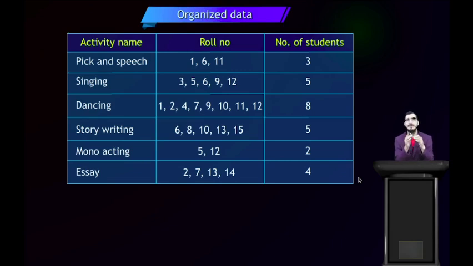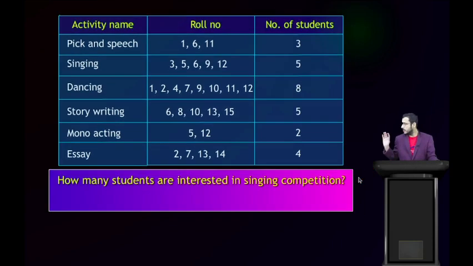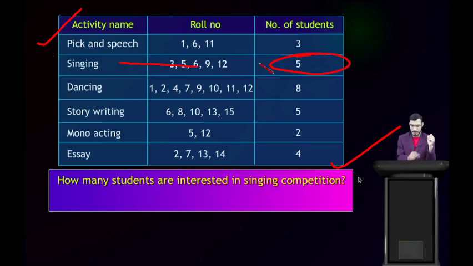Now students, that is organized data. How many students are interested in the singing competition? In this table you can easily find the answer. Looking at the singing row, there are 5 students.